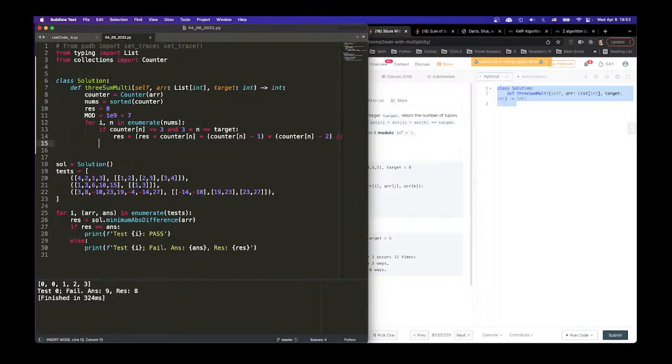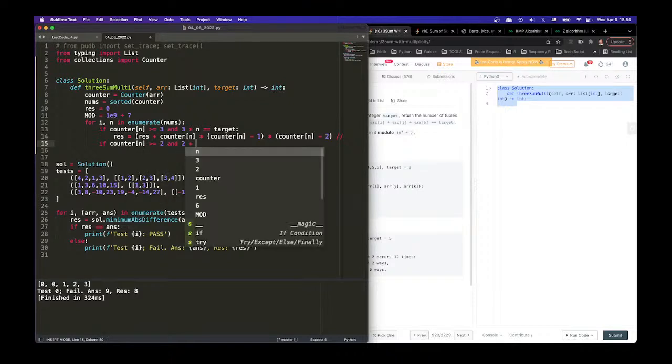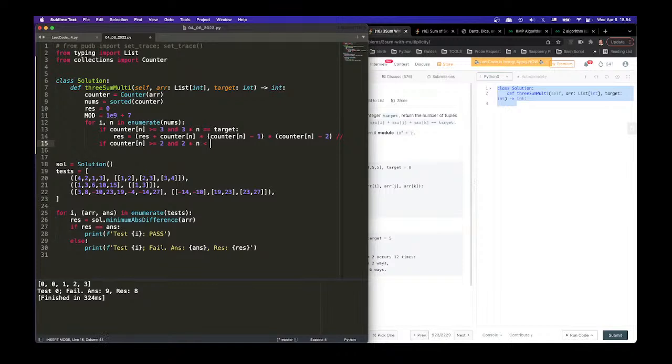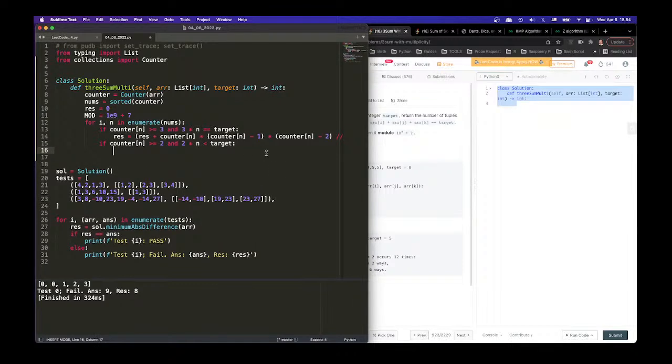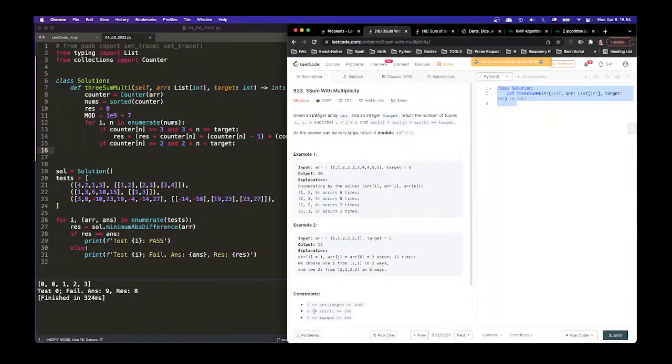So next is 2 times. We say if counter n is larger than or equal to 2, and 2 times n is smaller than target, because value is 0. That means we can get to 0.